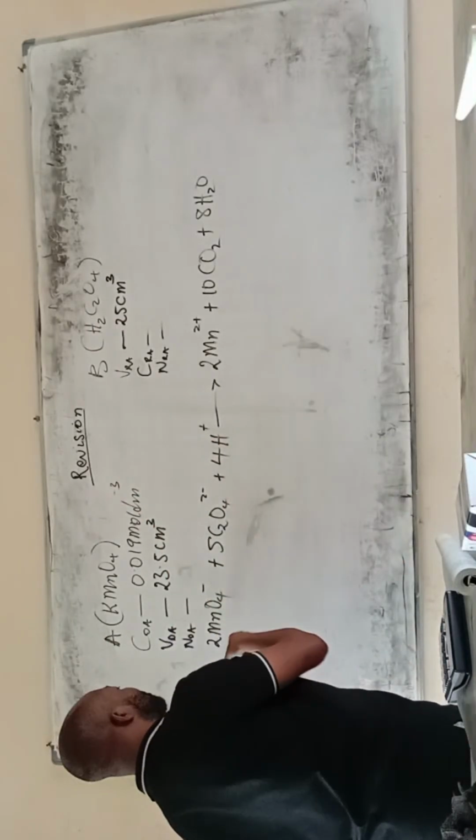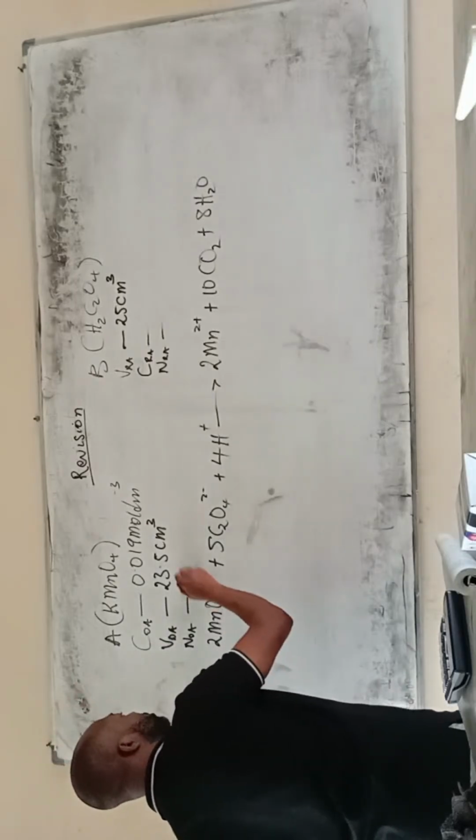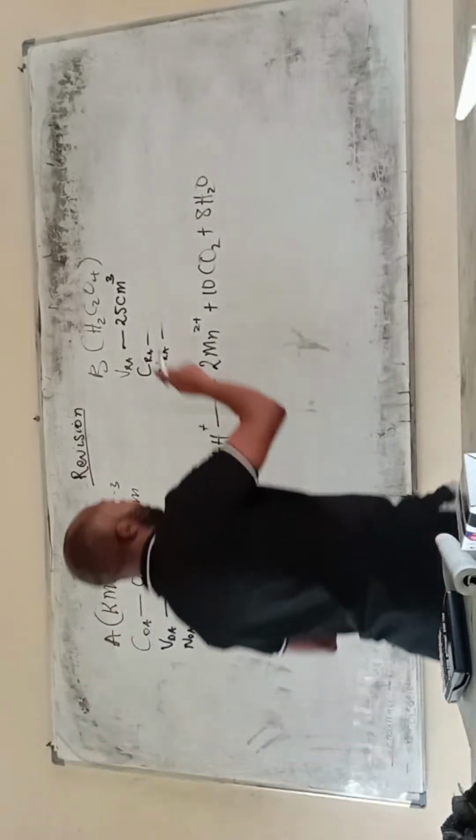The number of moles of oxidizing agent here is 2. The number of moles of reducing agent here is 5.